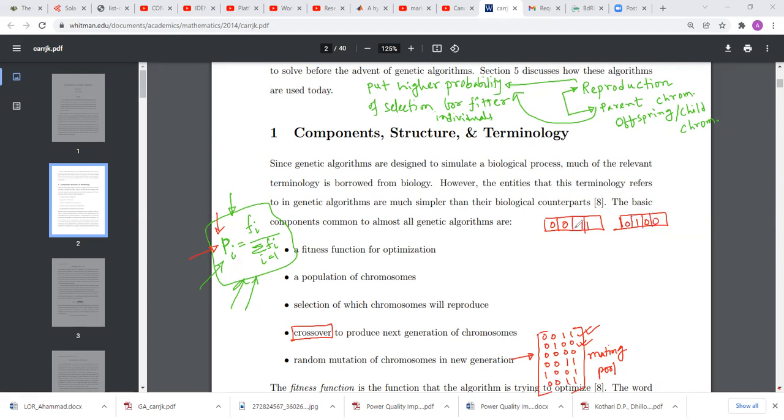Now they will take part in the crossover operation. This is one phase of the reproduction. Reproduction has now started. There are many different ways of crossover. One of the ways is simply known as single point crossover, which I am going to show you. Single point crossover means you are going to choose a random crossover point.